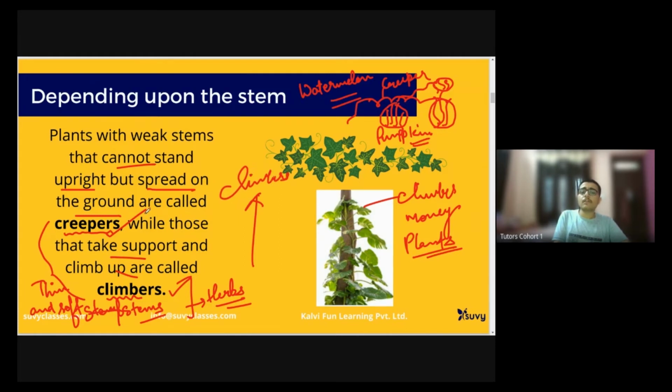So far, based upon the size of the plant, we have divided plants into three categories. Then based upon the nature of the stem, we have divided them into two categories, climbers and creepers.